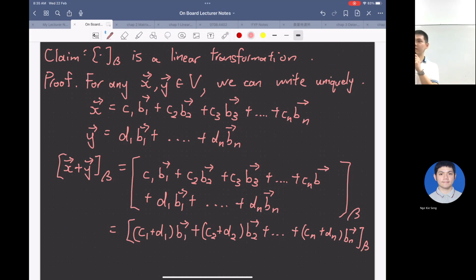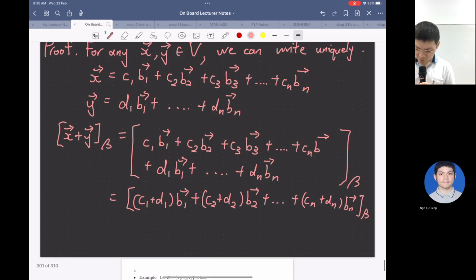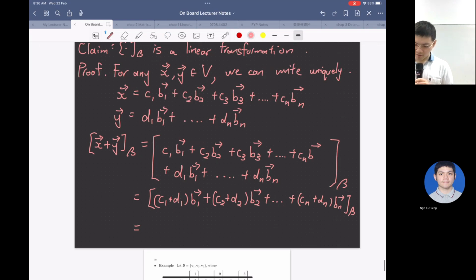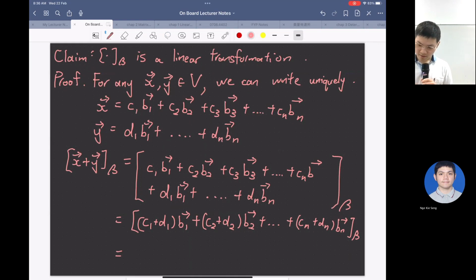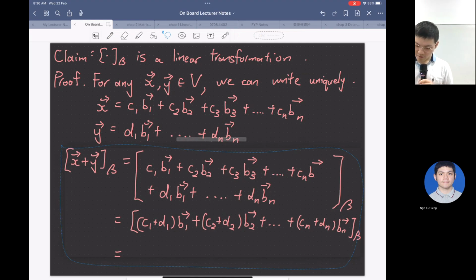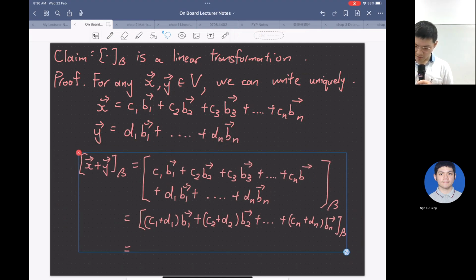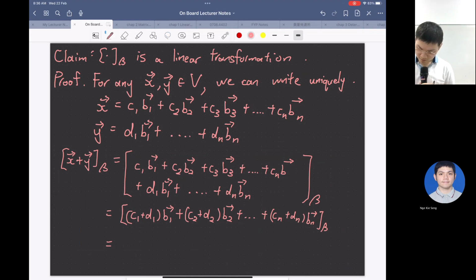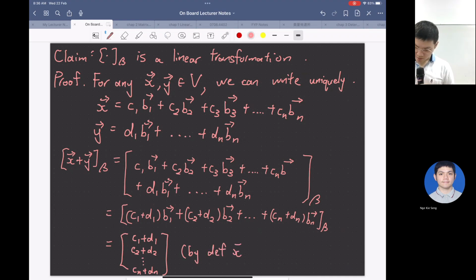So what's the coordinate vector for this? It's just the coefficients: C1 plus D1, C2 plus D2, up to Cn plus Dn, by definition of the coordinate.